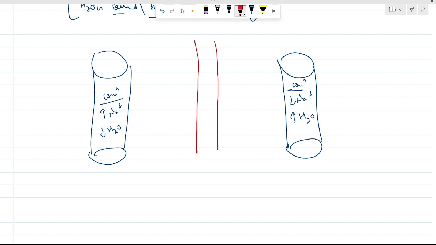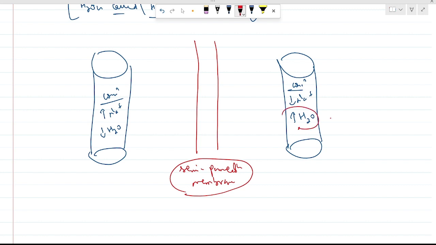This is a special type of membrane called a semi-permeable membrane. It is permissive to the passage of certain substances and not so permissive to the passage of other substances. Through this semi-permeable membrane, this water here is in high concentration.